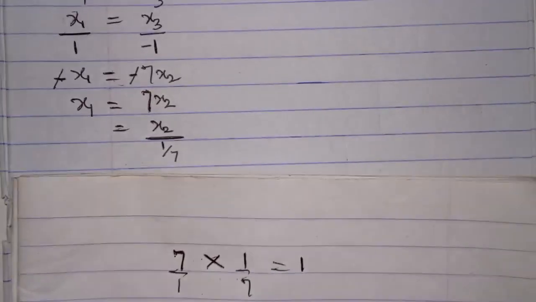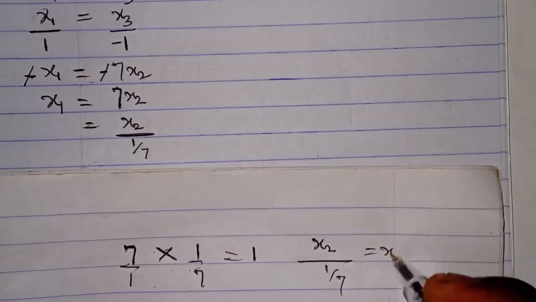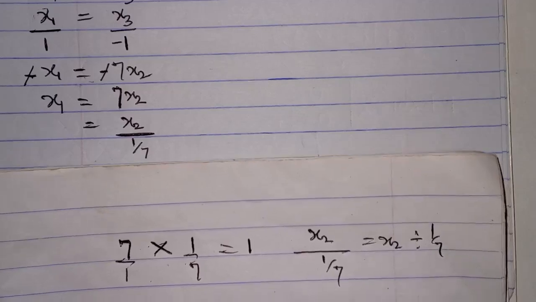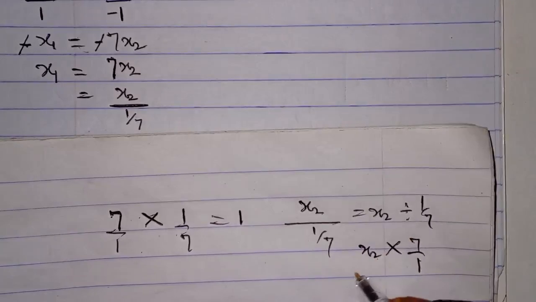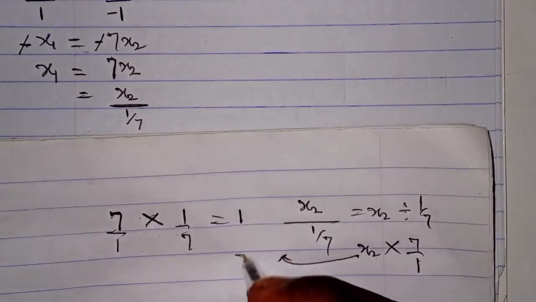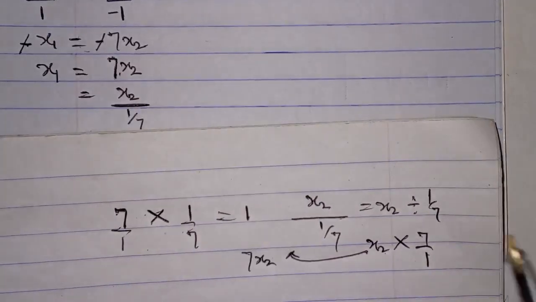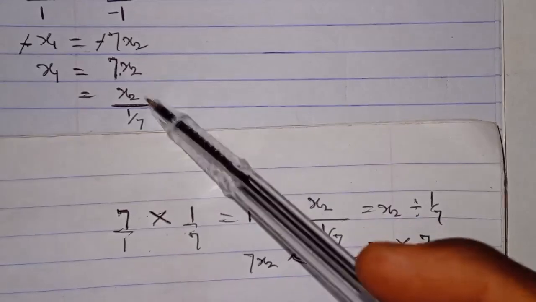So in fact, x2 all over 1 over 7 means x2 divided by 1 over 7. If the divide turns to times, it will be x2 times 7 over 1. That would give us 7x2 as we have before. So what I did now is to show you that these two are the same.